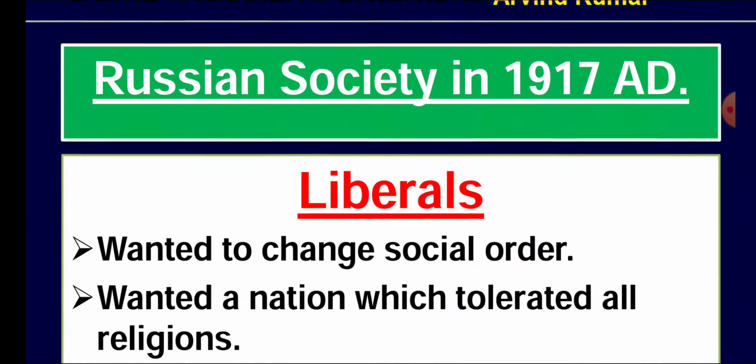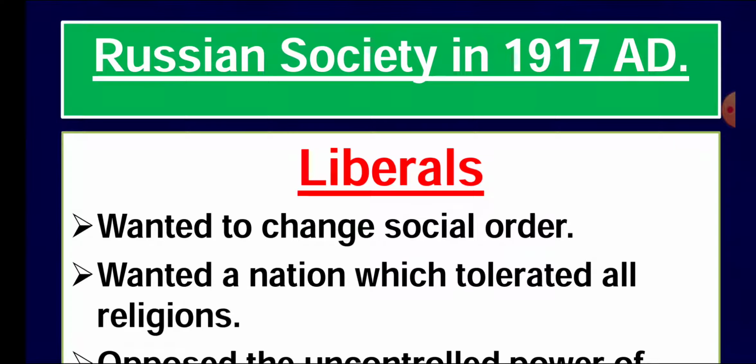See the next slide. In this chapter, we are going to read the following contents step by step. First is the age of social change. Meaning, what was the condition of society in Russia?